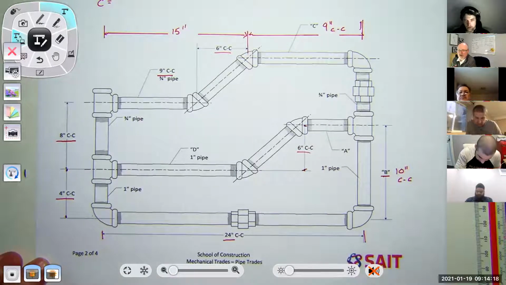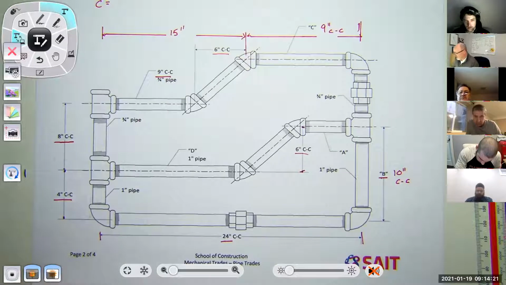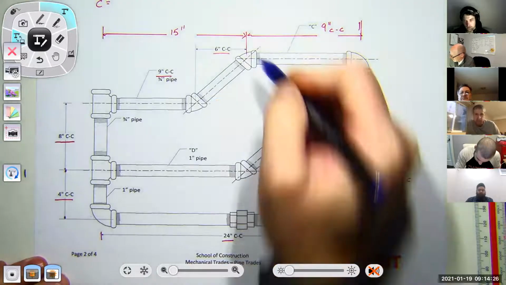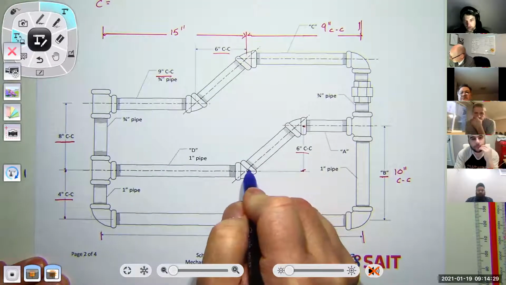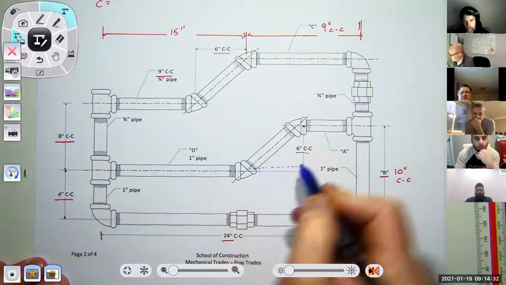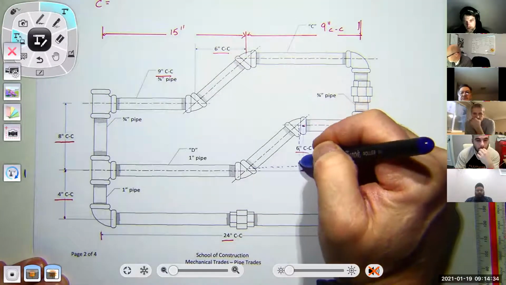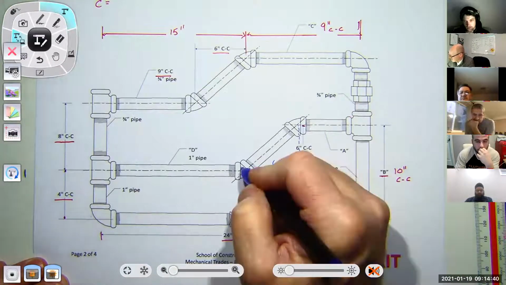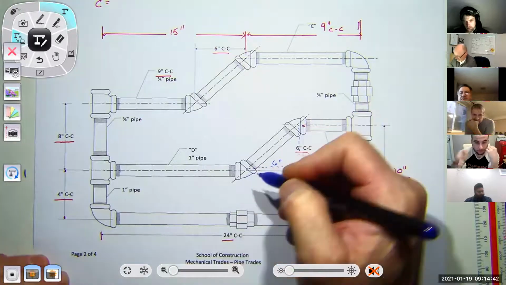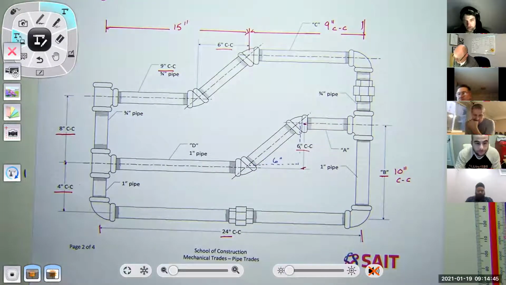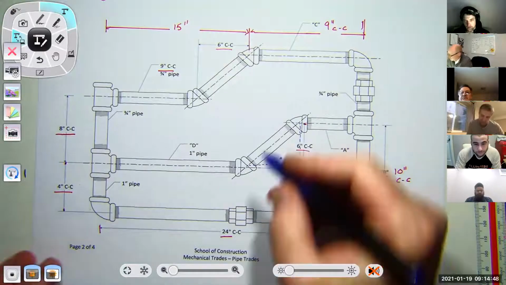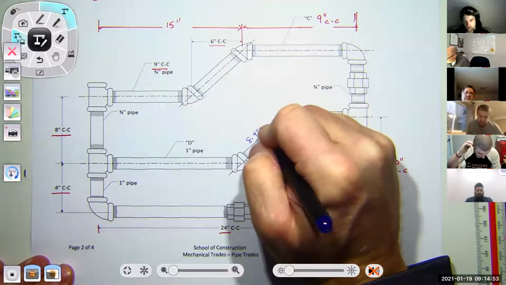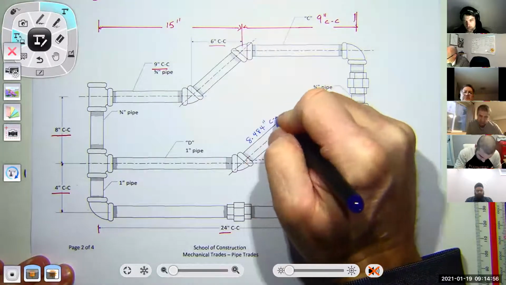We will now solve for the offset of these 2 pieces of pipe. So I have a measurement of 6 inches. If I'm going to draw a right angle triangle, I know that the rise and run are 6 inches, 6 inches. So that makes my travel here 6 times 1.414. So this piece of pipe is 8.484 inches center to center.